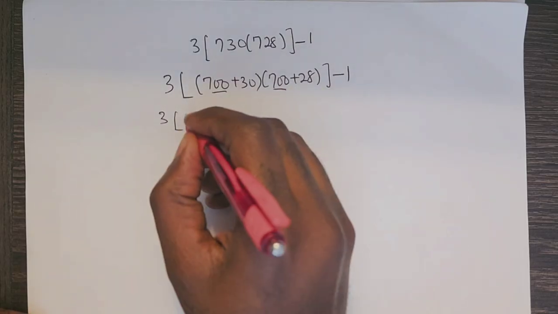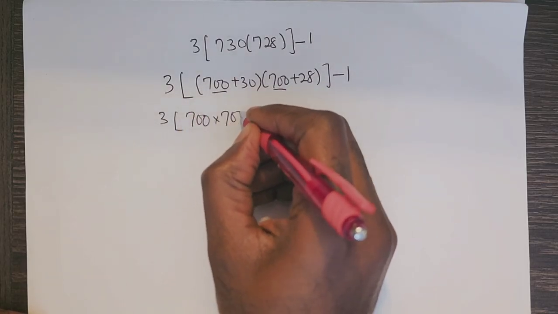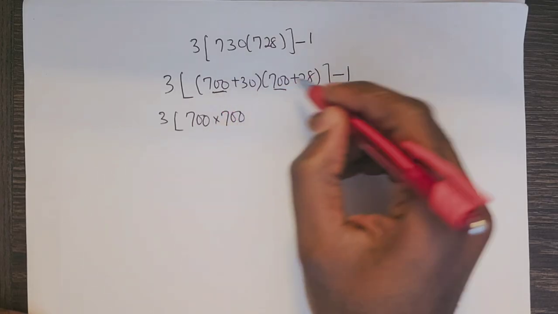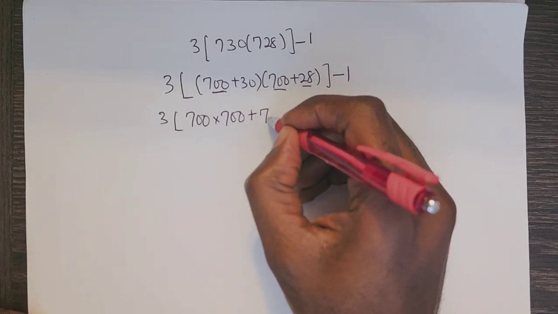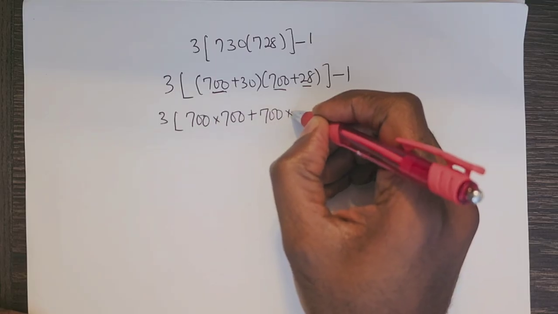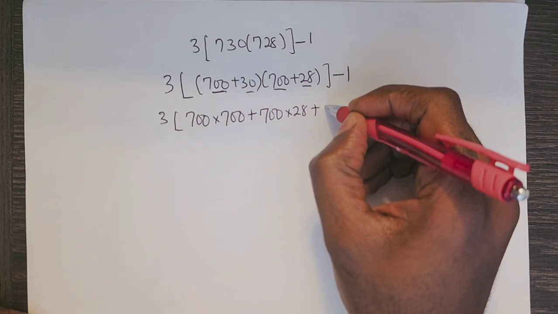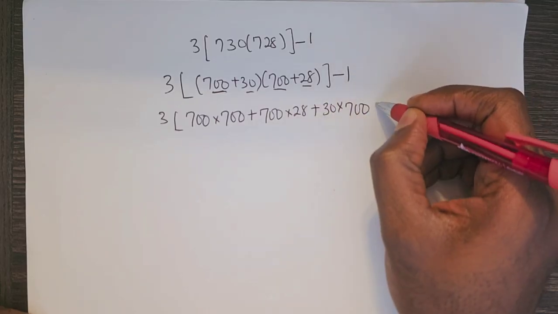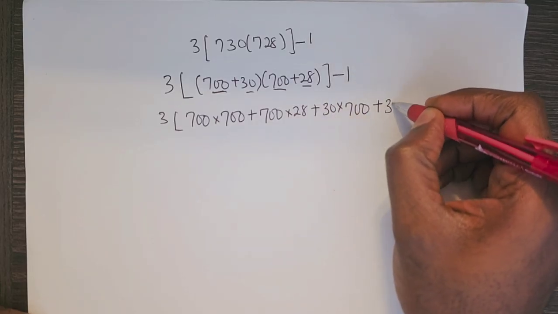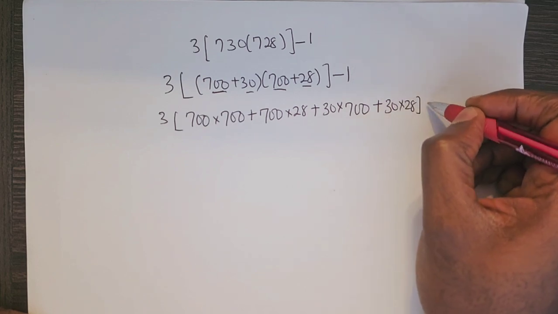We want to distribute. So we have 700 times 700. Then we multiply this with this, plus 700 times 28, plus 30 times 700, plus 30 times 28. This is what I've got.